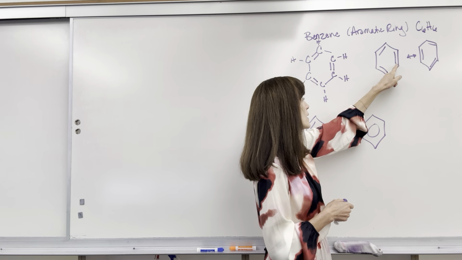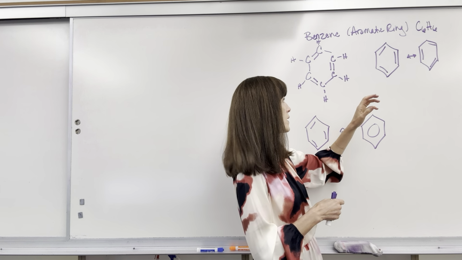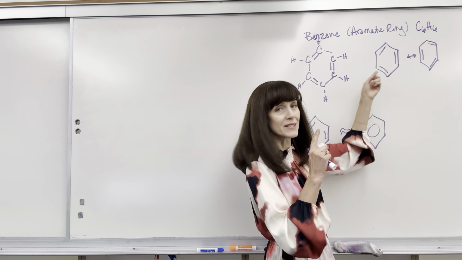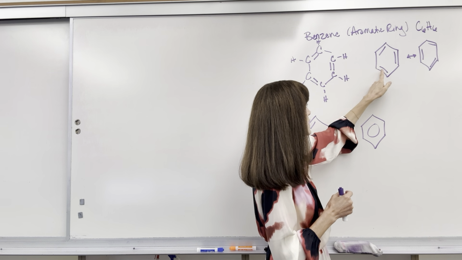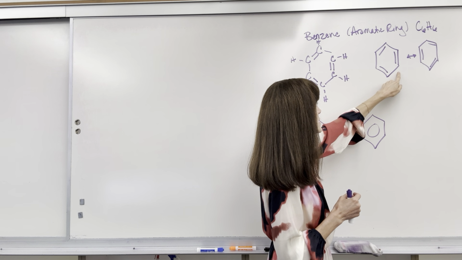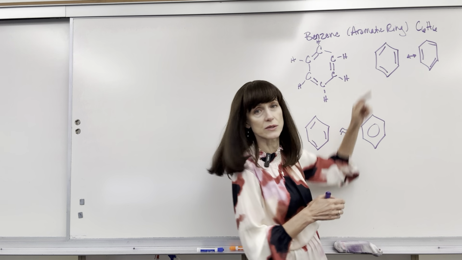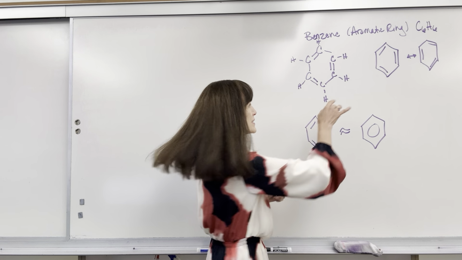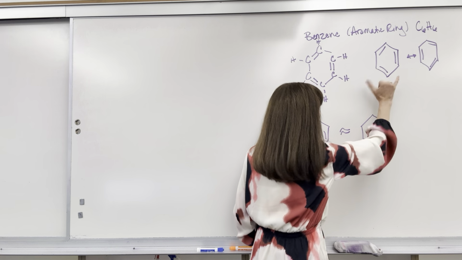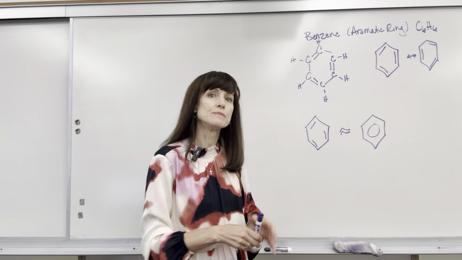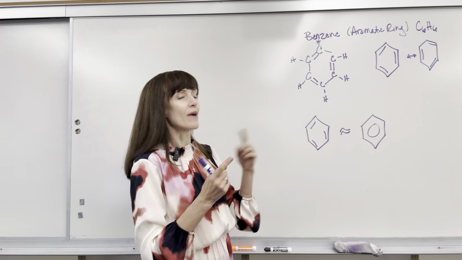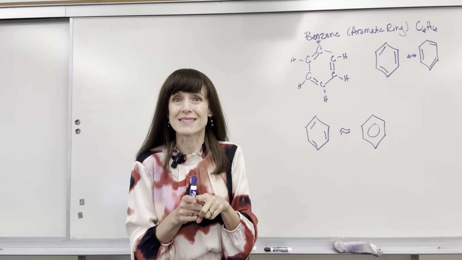They are double bonded, alternating single bonds, which means this resonance structure, that double bond will resonate and come to this single bond. That double bond resonates, goes to that single bond. That double bond resonates and goes to that single bond. I do this with my students, that this will go back and forth, back and forth, back and forth, back and forth really fast. So we write it with both resonance structures.